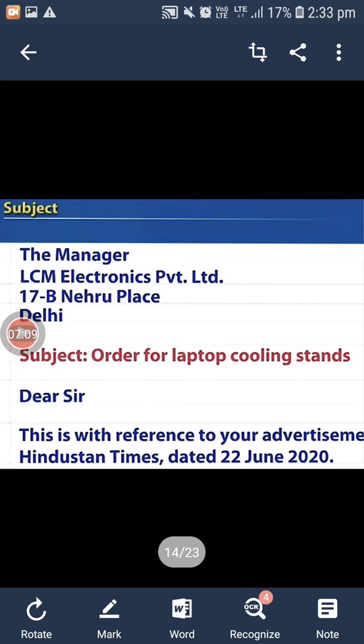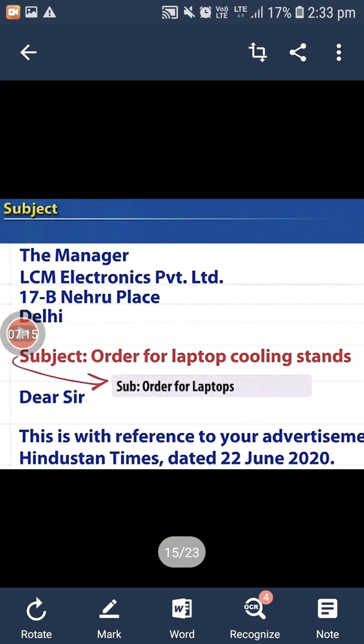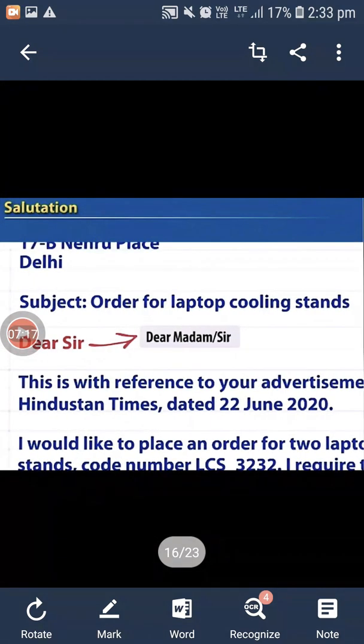I hope you understood it. I have highlighted it again for you. Then comes the salutation, dear sir or madam. You will not place any comma because we are not putting any comma from the starting till end.